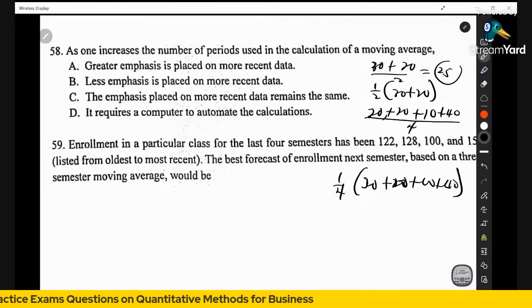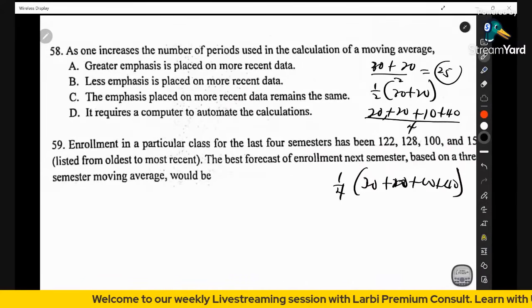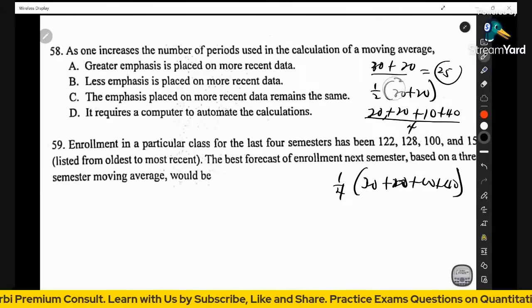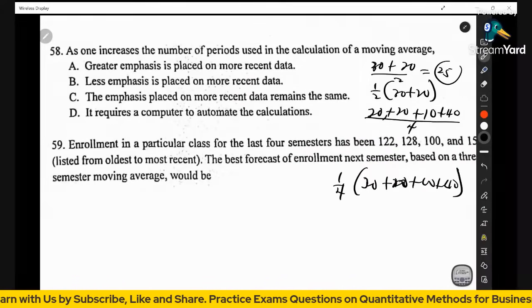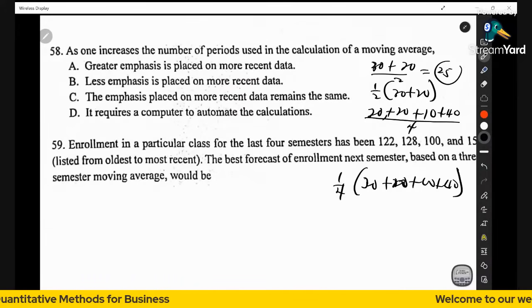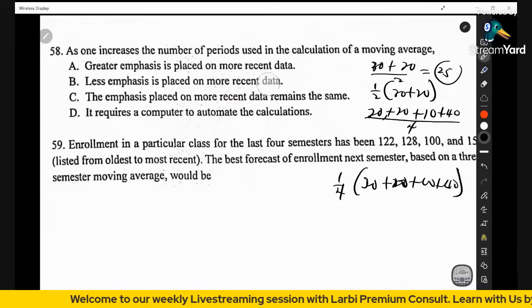So as and when you increase the number of periods in calculation of a moving average, the weight that we place on the most recent data becomes less, because as the number of periods increases, the weight becomes small. When you have a small number of periods, we get a high weight placed on the recent data. So the answer should be: as one increases the number of periods used in calculation of a moving average, less emphasis is placed on more recent data.